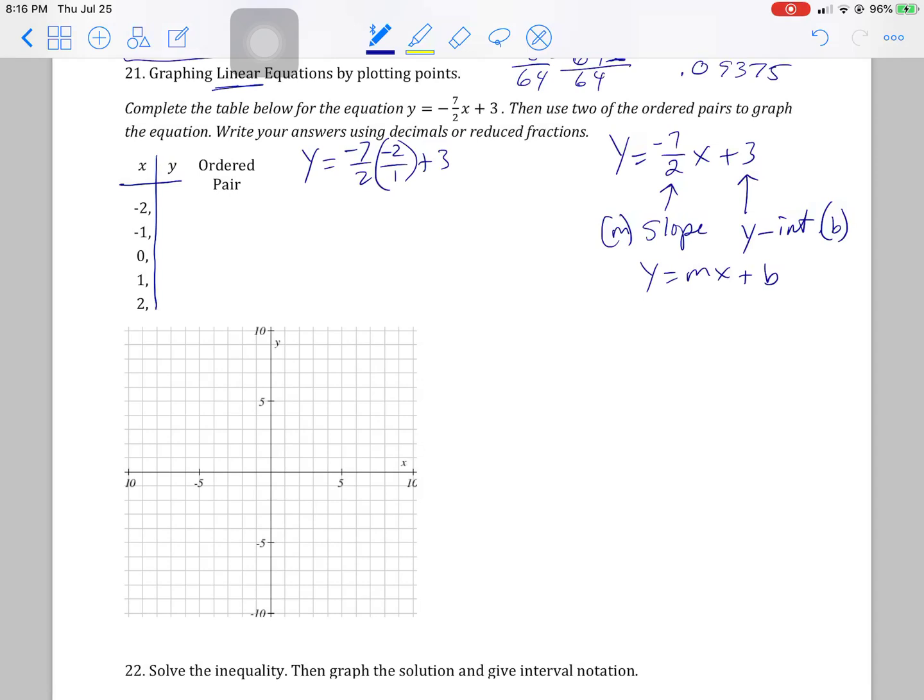This is going to be a -14 divided, negative times a negative is a +14, divided by 2 is a 7, plus 3 is 10. Okay, so that's a 10. The ordered pair that would work as a solution to this linear equation would be -2, 10.